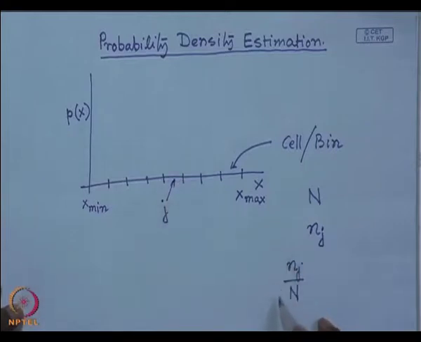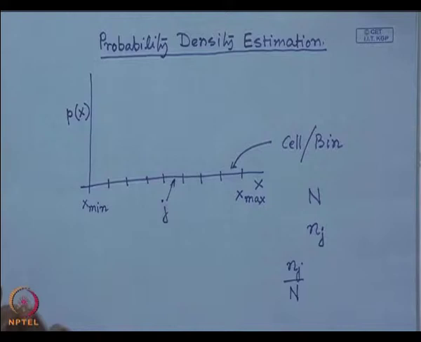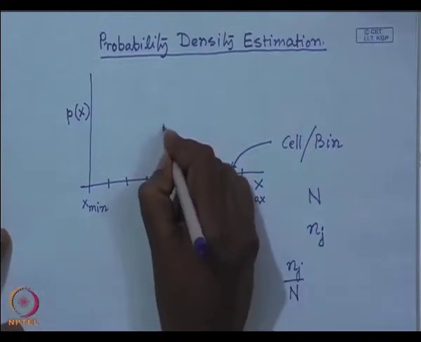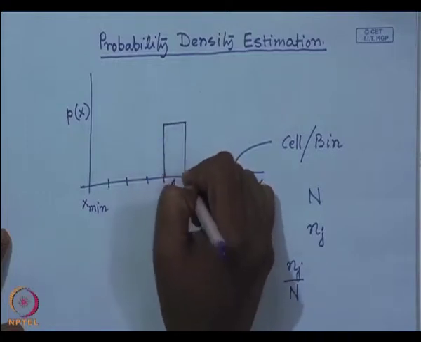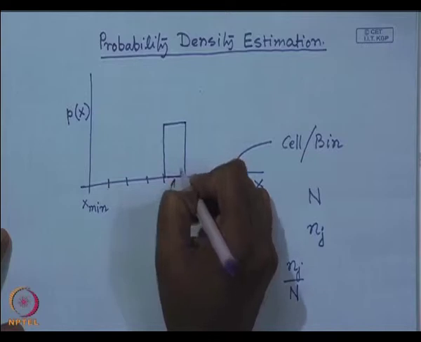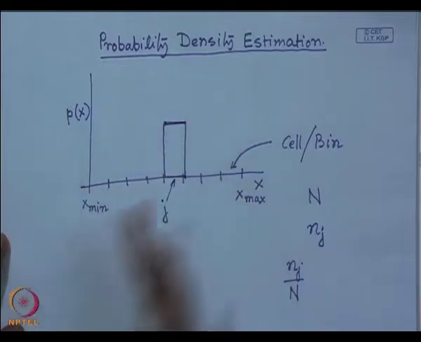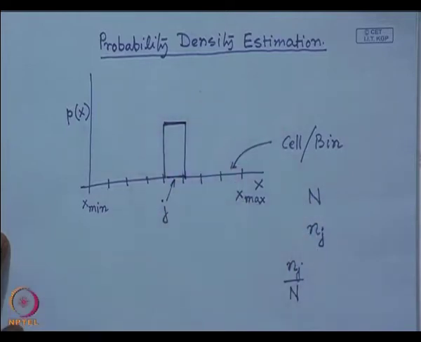So, this represents an estimate of the probability density function in this jth bin. And I also assume that in a particular bin the probability density is uniform. So, what I will have is a probability estimate something like this. So, within this jth bin the probability density function is uniform. I can have different values of this probability density function in different bins.